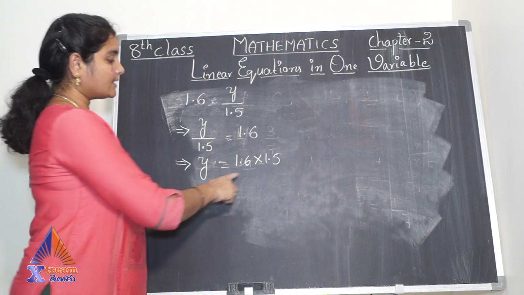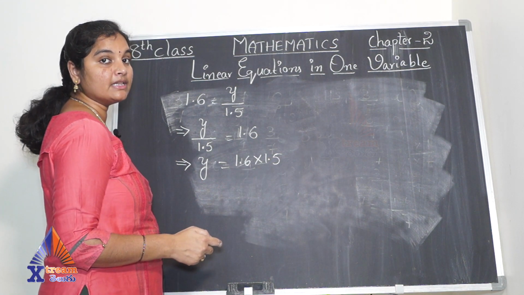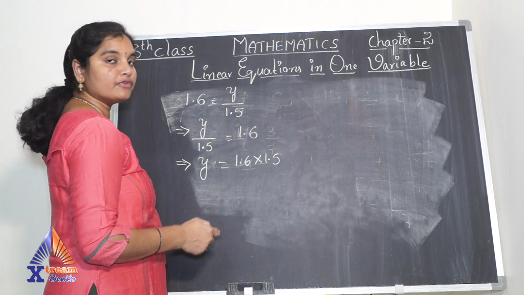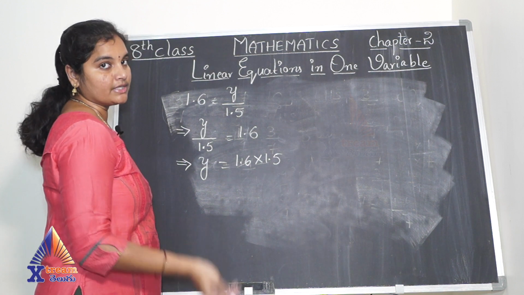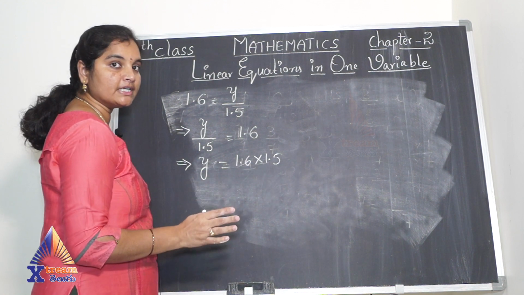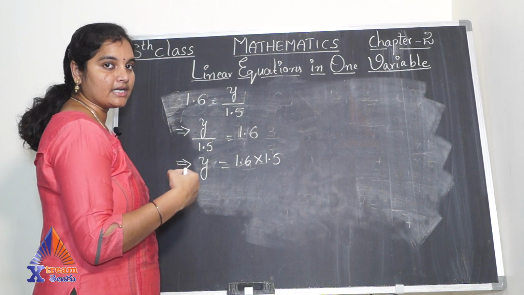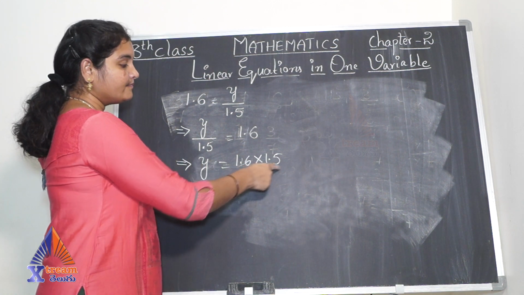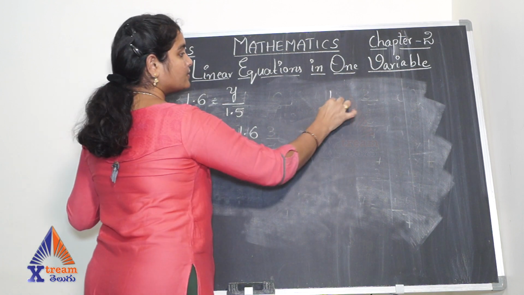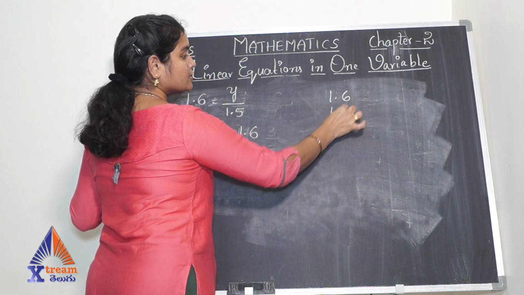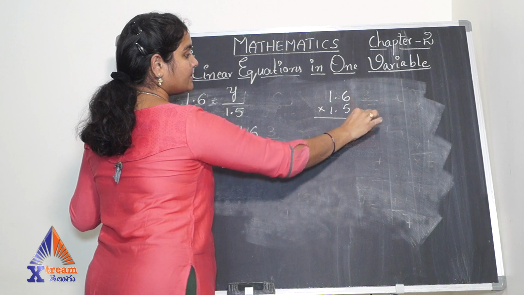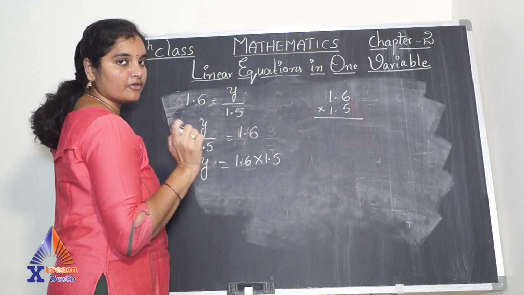So this gives 1.6 and 1.5, a decimal multiplication. So how do we multiply decimals? We just multiply them regularly as we multiply whole numbers, and then at the end to the product we give the decimal places. So we do the same here. You are supposed to do this multiplication in your rough column.